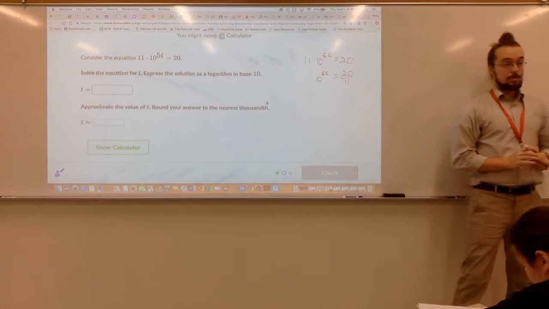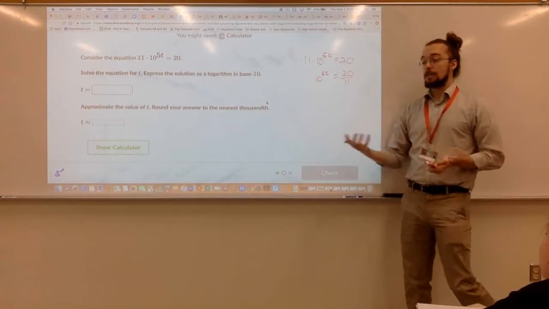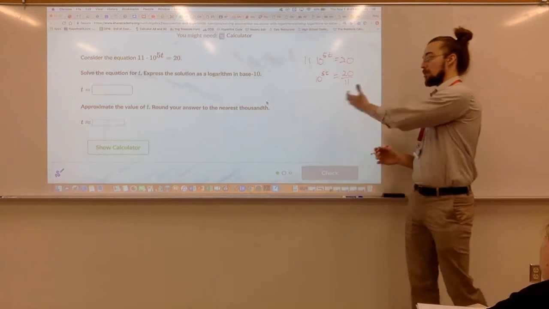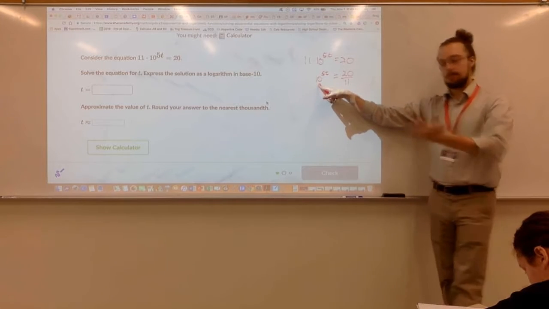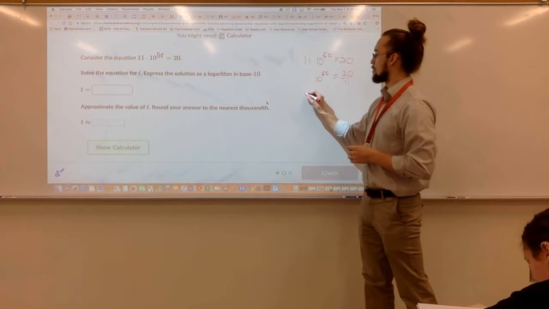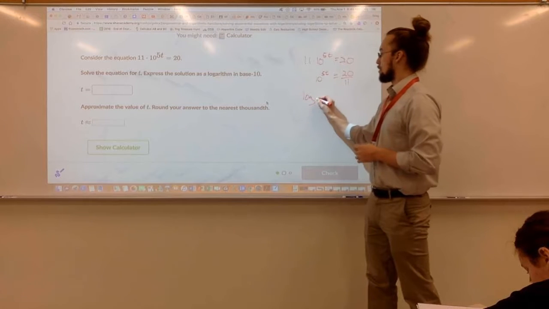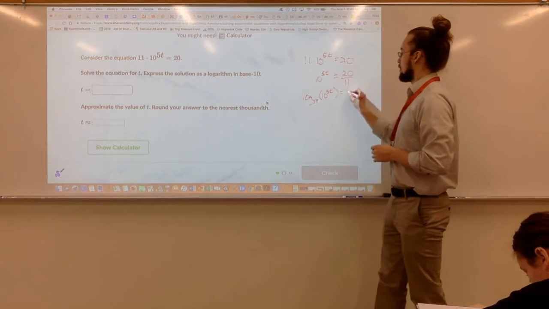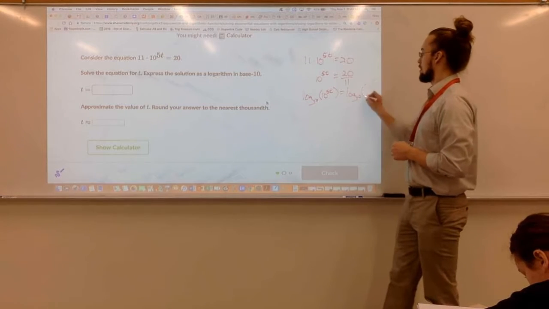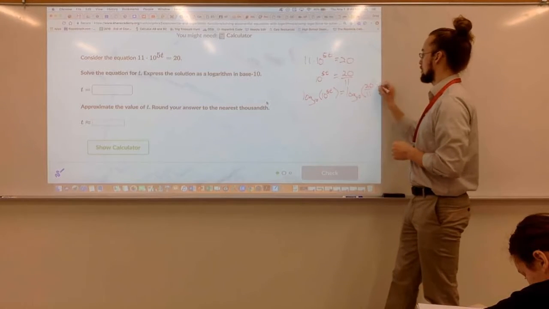Now I want to get my variable out of the exponent. To do that, we're going to take the log of both sides. Since the base of the exponential is 10, I'm going to take the log base 10 of both sides. So log base 10 of 10 to the 5t equals log base 10 of 20 over 11.